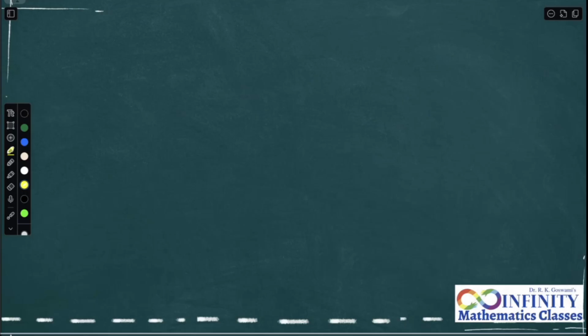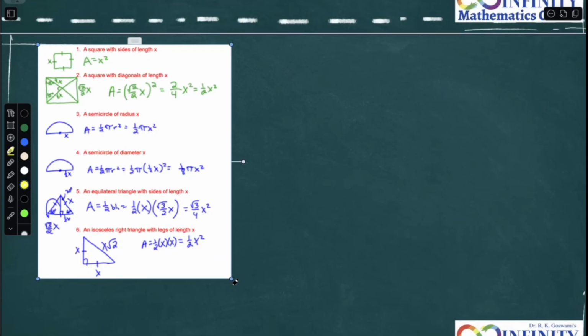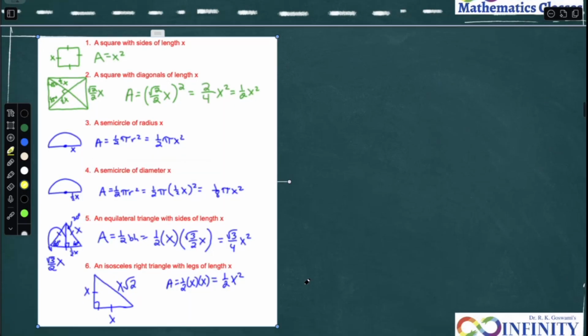Because we will be dealing with the cross section, we should know what type of cross section we will have, and based on that, what the formula for the area is. I know you know this, but still, for a square with diagonals of length x, what is going to be the square area?